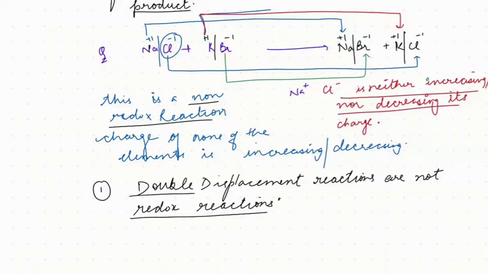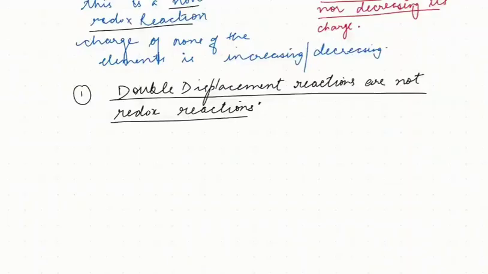No matter what double displacement reaction you have, it is not going to be a redox reaction. Yes or no? So double displacement reactions are not redox reactions. That is one thing. Secondly, next you have a look at this equation.